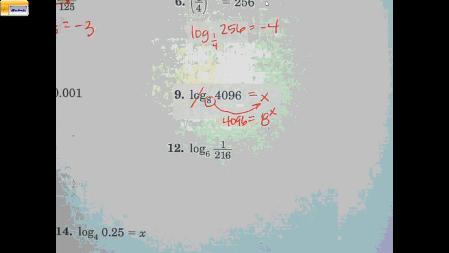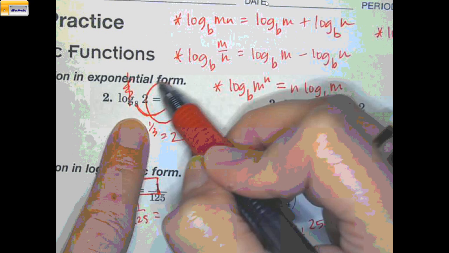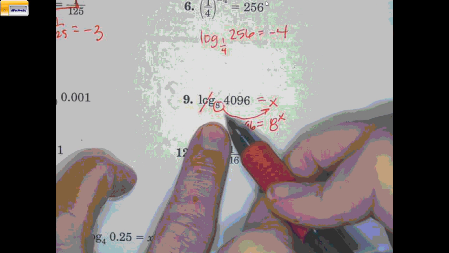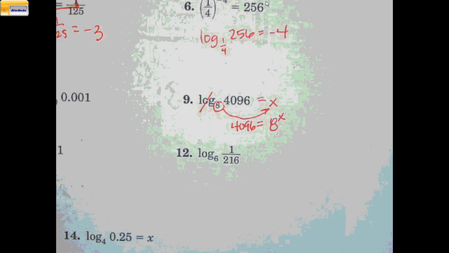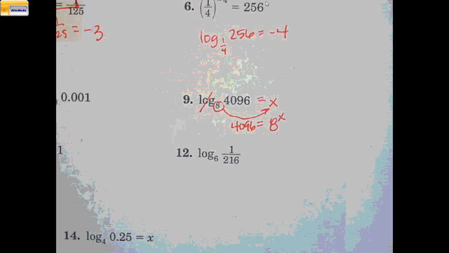Start with the base, and you say 8 to the 1/3 equals 2. So for this one, it would be 8 to the x equals 4096. Now here's the thing, we still have to solve for x. Some of you are pretty brainy and you're going, oh, x is 4 because 8 to the 4th is 4096.